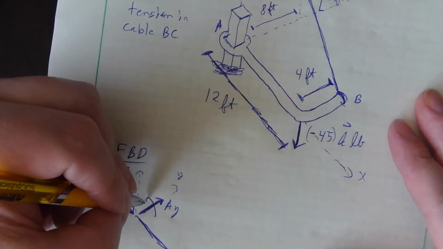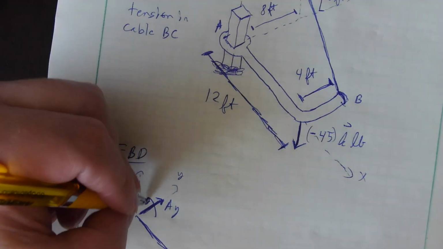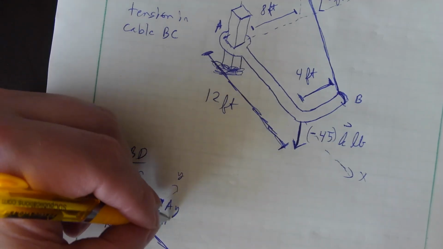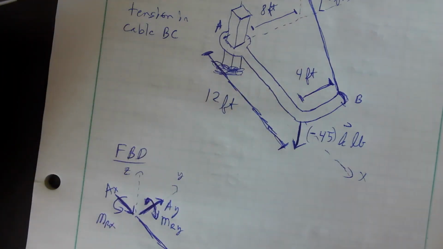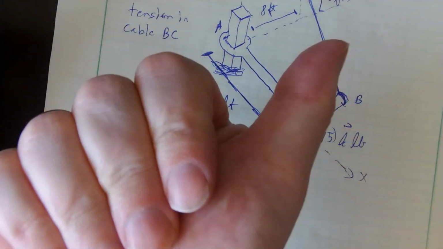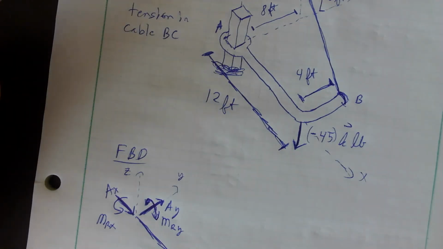So I'm going to have this, oh no, positive y direction is this way. Moment reaction in the y direction. And with my thumb out there, this is trying to close with my thumb in the positive, which means if I draw a positive reaction moment, that's the direction it goes.